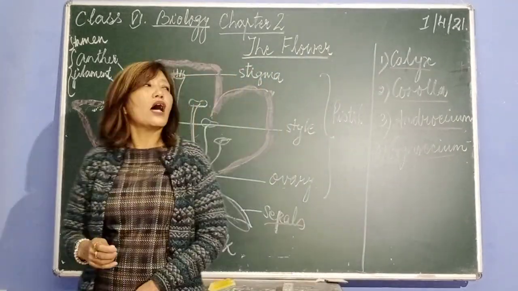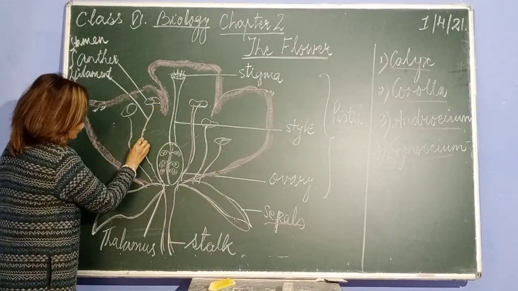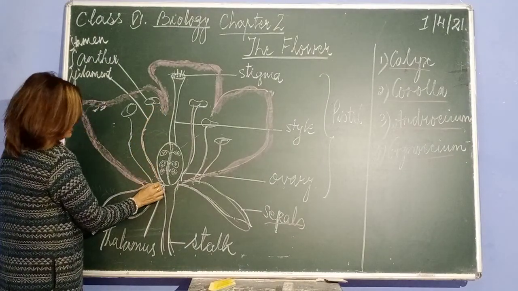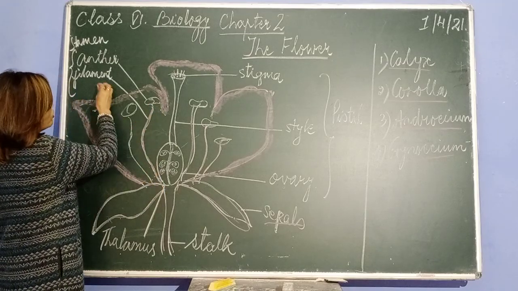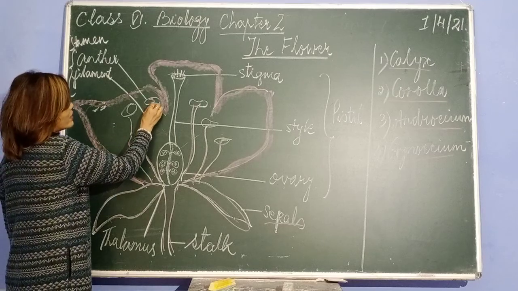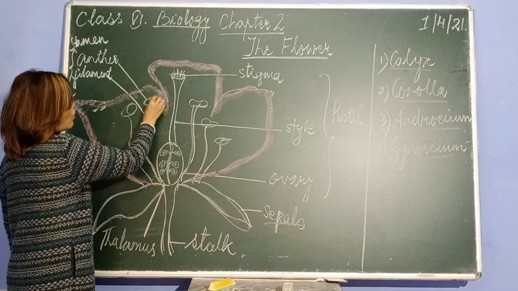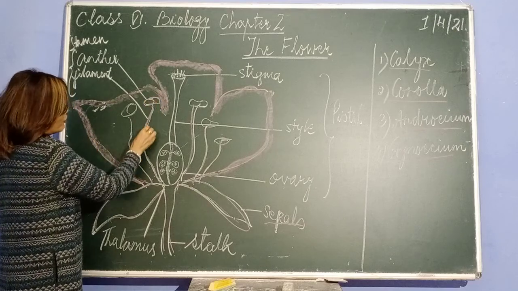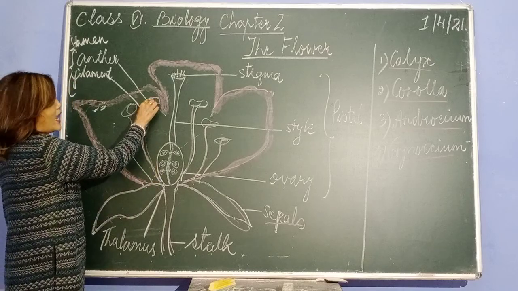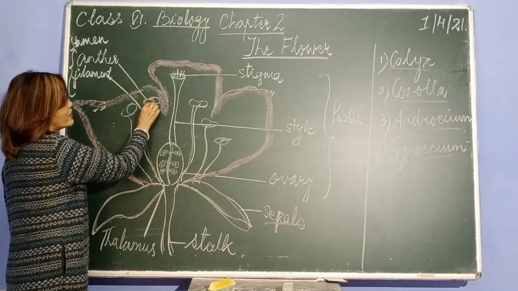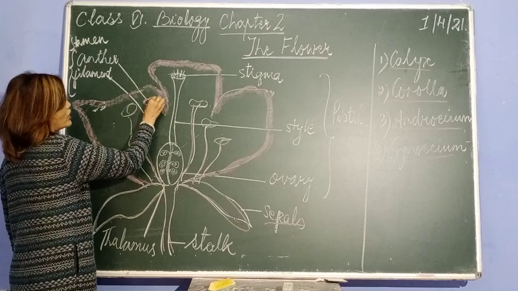Now, what is filament? It is a short narrow stalk, a tube-like structure, called filament. And anther is bilobed, or looks like a cap. The function of the filament is to give support to the anther, and the anther contains small grain-like structures.